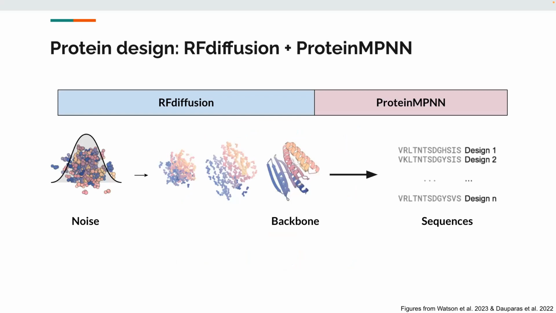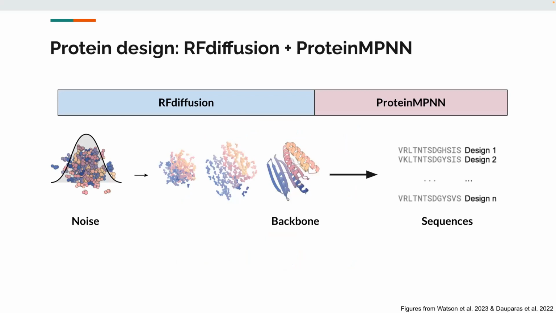RF diffusion is just a model that goes from an initial condition to a backbone. We can actually use the ProteinMPNN model that I talked about previously to go from the backbone to the sequence. This is what the Baker Lab does in their RF diffusion paper.